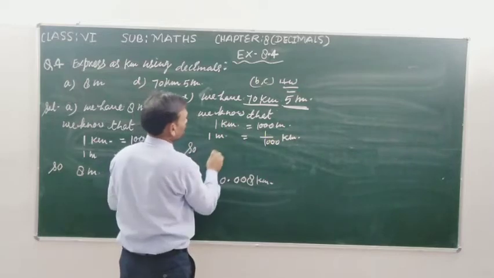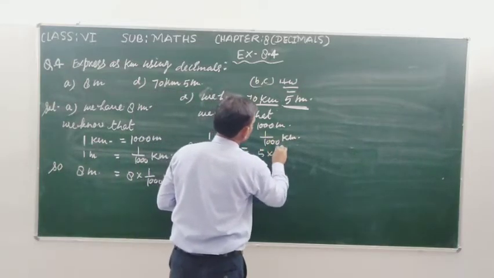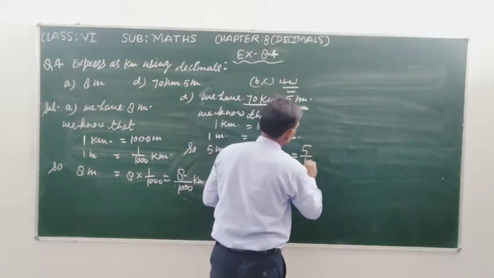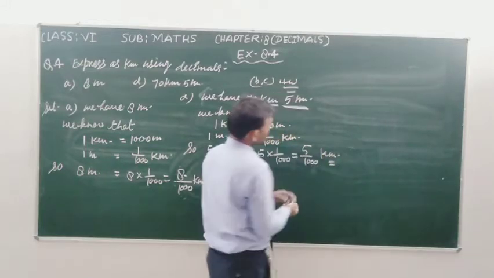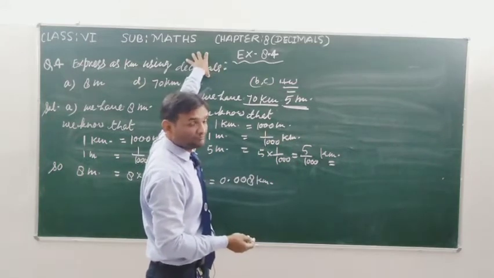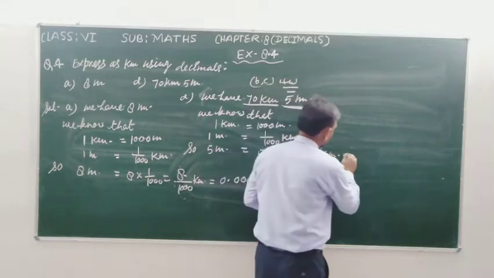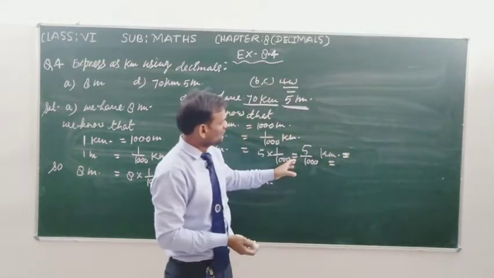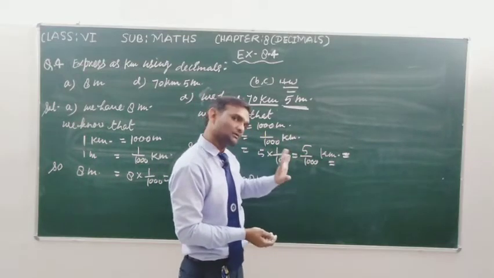So 5 meter is equal to 5 into 1 upon 1000. We get 5 upon 1000 kilometer. This is written in fraction form, but we need to write the answer in decimal form. So we divide 5 by 1000. Perhaps everybody knows by now how we divide a whole number by a 10 type number.